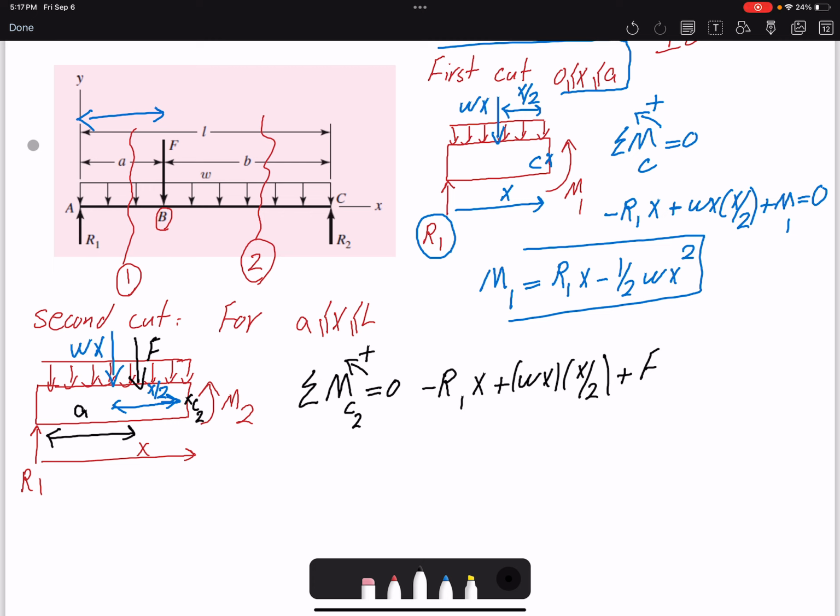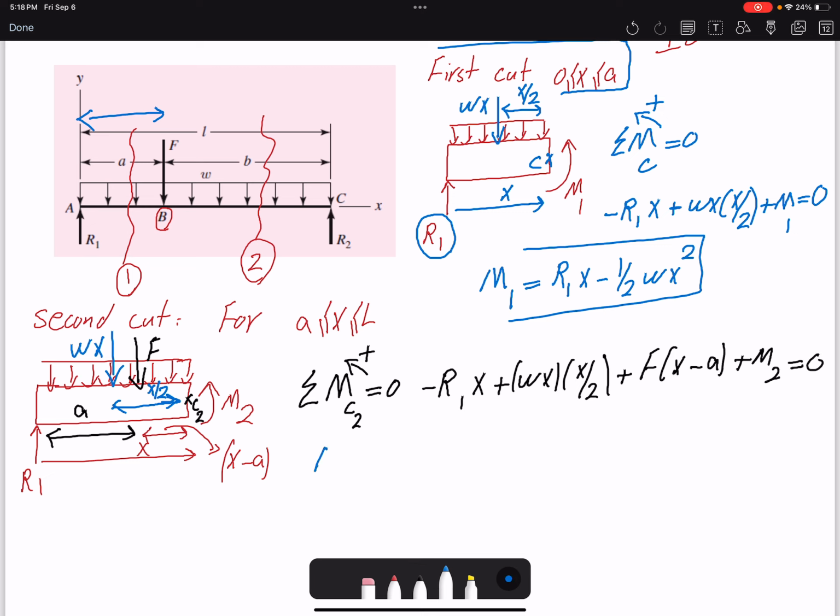Let me show you with another color. Let's choose red. That would be this distance. This distance is simply x minus a. So F times (x minus a) plus M2 equals 0.